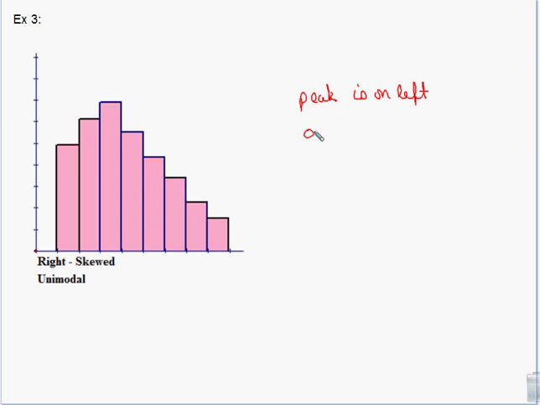This is also unimodal though, because we have one peak. So the difference between the bell-shaped unimodal and the right skewed unimodal is the mean is going to be located to the right.